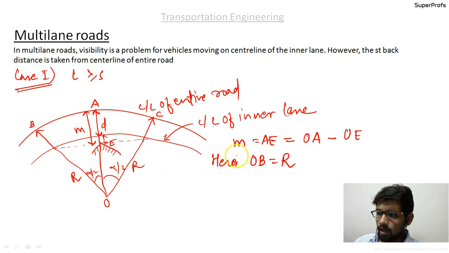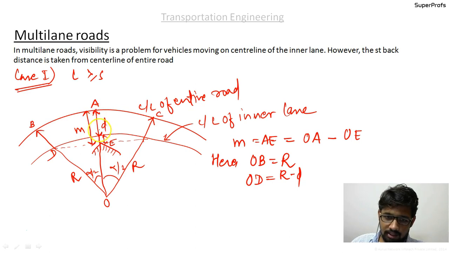Here OB equal to R, and this is point D. So distance OD equal to OB minus d, that is equal to R minus d.